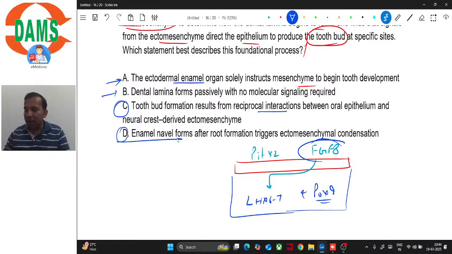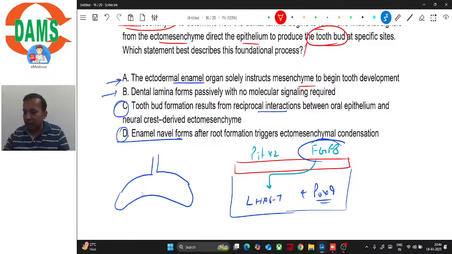Enamel navel. Again, this enamel navel is a temporary structure which is seen in the cap stage. So what is enamel navel? Let's say this is the cap stage of the enamel organ and this is the enamel knot. Sometimes the enamel cord extends to the outer layer of the tooth germ, that is beyond the outer enamel epithelium to the basement membrane.